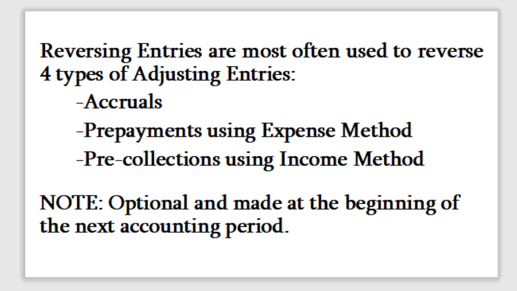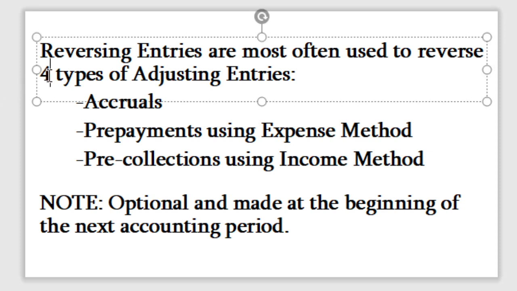So, ano ba yung mga nire-reverse natin? So, hindi lahat ng ginawa natin ng entries is i-reverse. So, ito lang, paki-take note. But ito for reversing entries are most often used to reverse 3 types of adjusting entries.